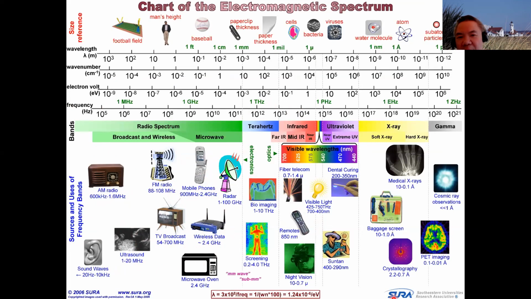And then if we go down to the higher energy type of phenomena, X-rays, baggage screening, crystallography, PET imaging, medical imaging, cosmic X-ray astronomy, all of that. That's again in the much higher energy range and scale.